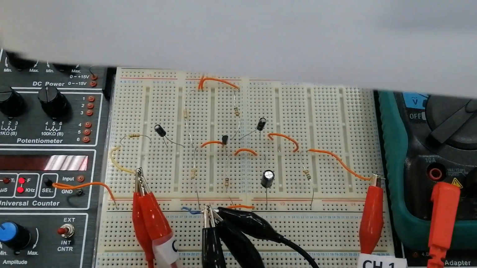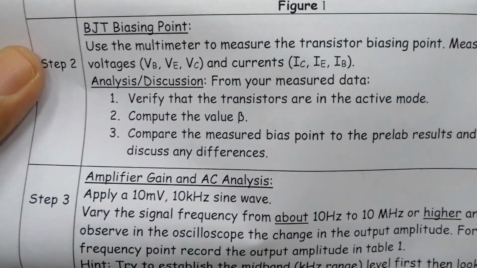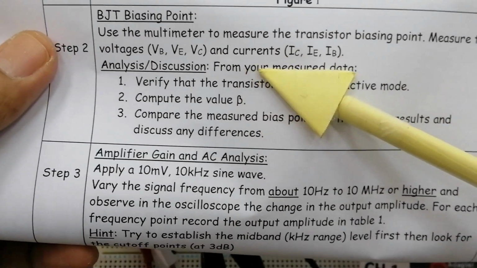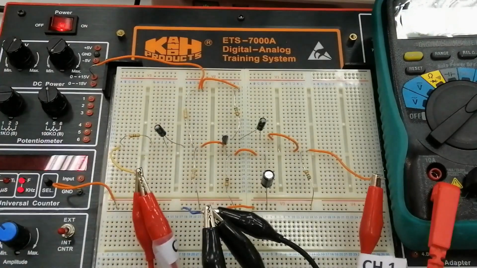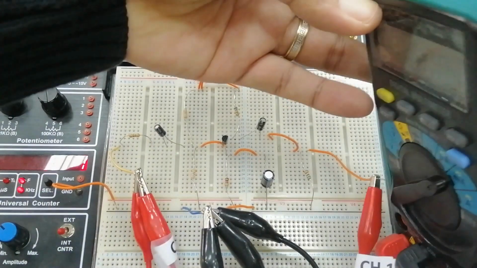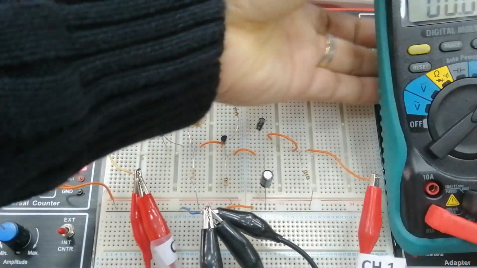At the beginning, we are required to verify the biasing. We have to verify VB, VBE, VBC, and the currents. Let us try to complete this table. First, let us measure the currents. Let me measure first IB.